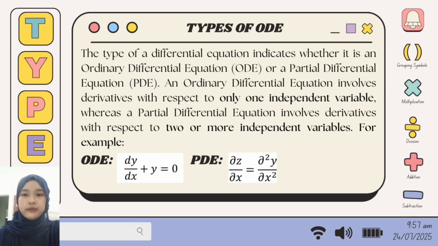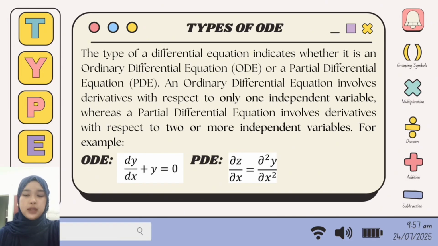And ODE involves derivatives with respect to only one independent variable. For example, dy over dx plus y equals 0. In this equation, the derivative is only with respect to x, so it is classified as an ODE.